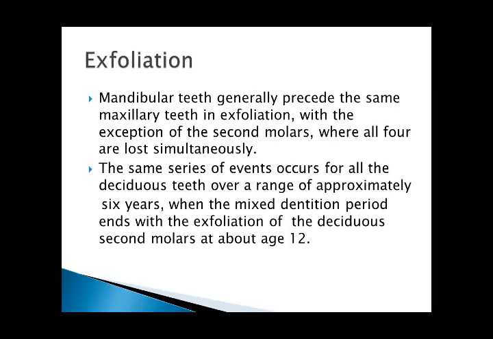Mandibular teeth generally precede the maxillary in exfoliation, with the exception of the second molars, where all four are lost simultaneously. The same series of events occurs for all the deciduous teeth over a range of approximately 6 years. The mixed dentition transition period ends with the exfoliation of the deciduous second molar at about age 12.